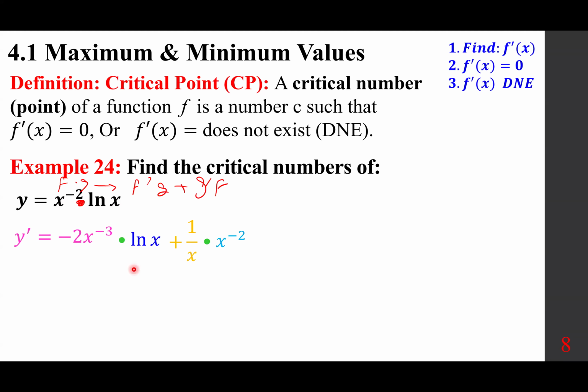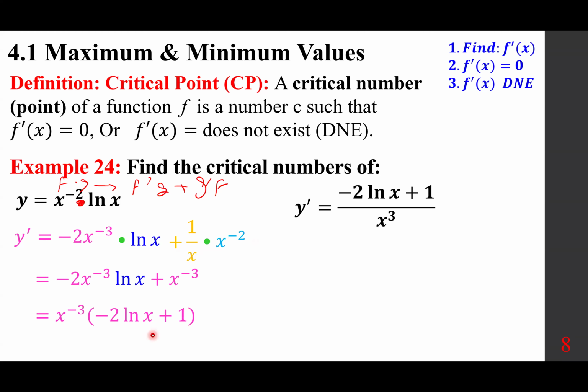This one doesn't change, but this one is x to the power of negative 3. I hope you see that. You can bring it up: x to the power minus 3. Both of them, I can take x to the power minus 3 out. This leaves me negative 2 ln x plus 1. And I'm going to rewrite it such that x to the power minus 3 goes down and becomes x cubed. So this is y prime.